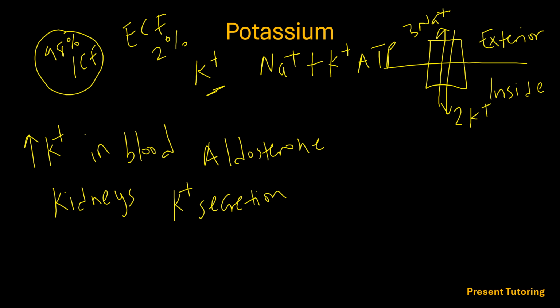And so that potassium will get excreted into the urine to help drop the potassium level in the blood or in the plasma back down to normal levels. So that's part of the homeostasis. So potassium is constantly being lost in the urine, due to hormonal action.